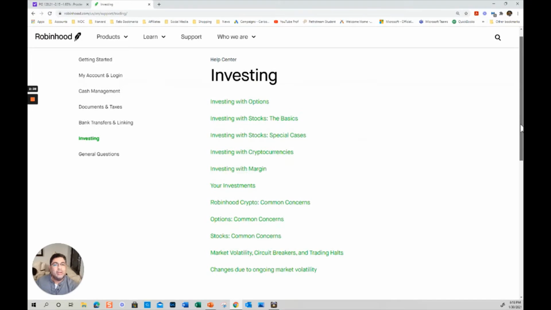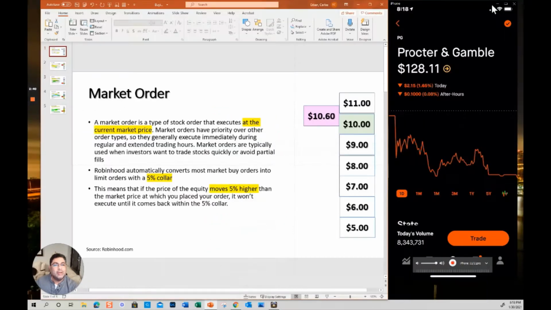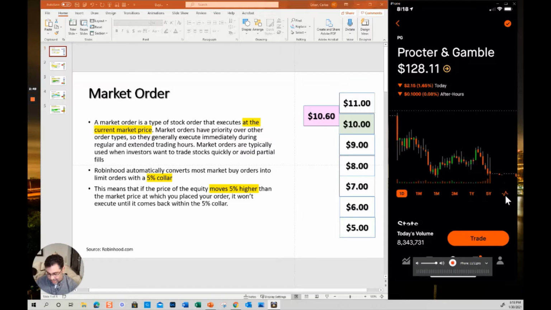So basically, this is a stock that is in a downward trend, right? And here you can see the candlesticks. You can see that all of these close lower than what they open.